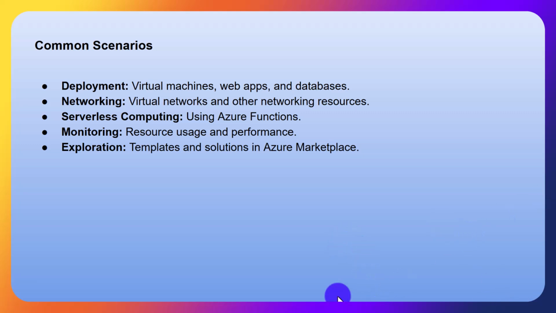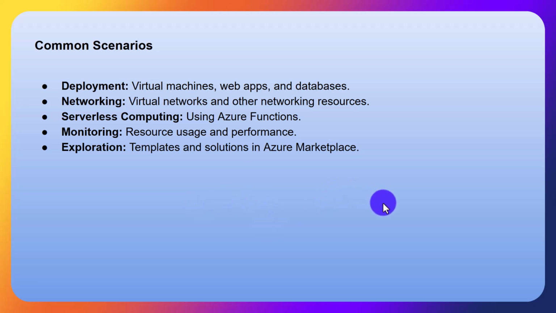Then exploration. So it gives you what I call ARM template, which is the Azure Resource Manager template. That environment allows you to deploy probably one or two resources, and at the end of the day, you could actually do more like an infrastructure as code kind of thing, where you deploy multiple resources at a go.